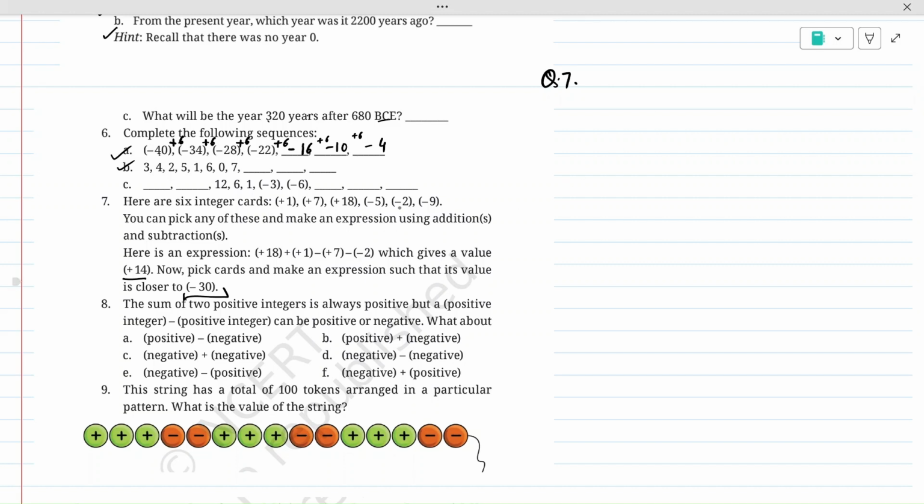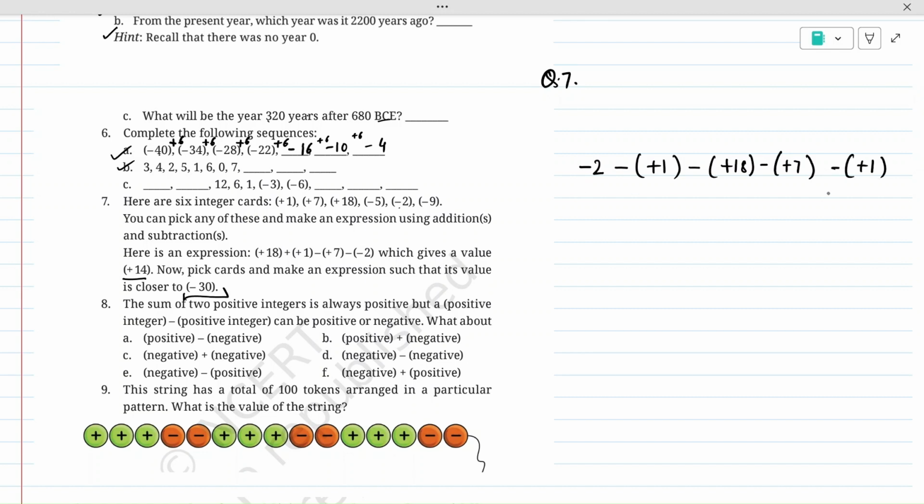We have minus 2. Okay, to this minus 2, let us subtract plus 1. Okay, and then from here again let us subtract plus 18, again subtract plus 7, and again subtract plus 1.